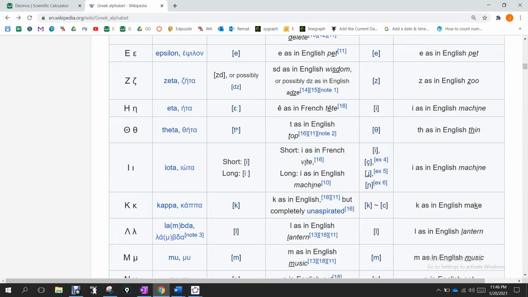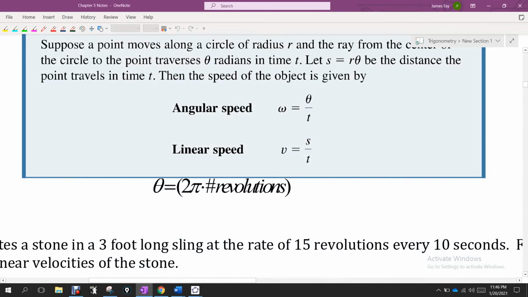Instead of using x and y, we use these Greek letters because they're a different set of variables. They kind of attach themselves, at least in this course, to being angles, measurements of angles. So we've got these two formulas.